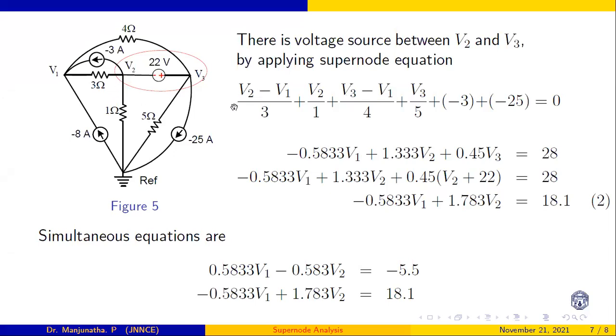Coming to V2: V2 minus V1 by 3, V2 by 1, and it is moving away, plus of minus 3 ampere.